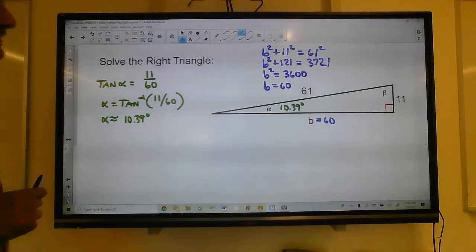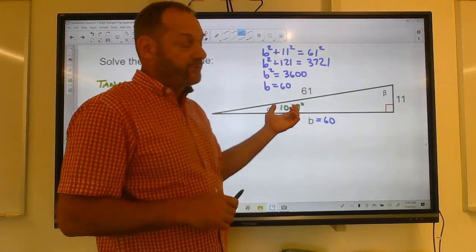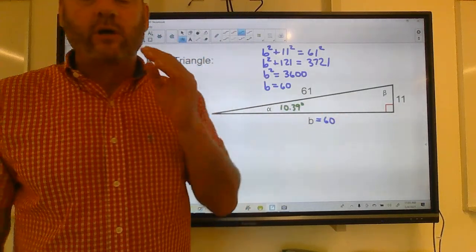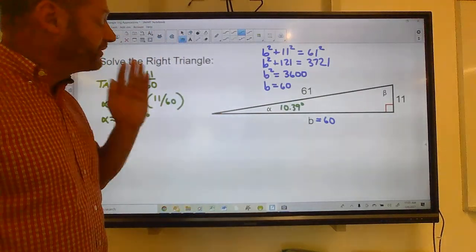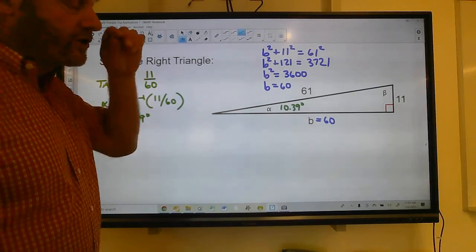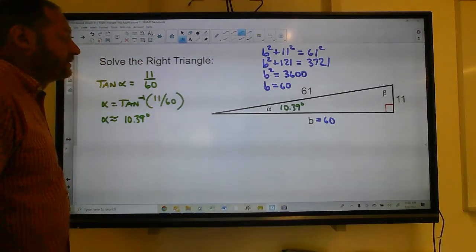Now, normally I would tell you, don't use something that is not exact but rounded. I would normally tell you don't round, or don't use something that has error in it to find something else. But in our triangle, there must be exactly 180 degrees.